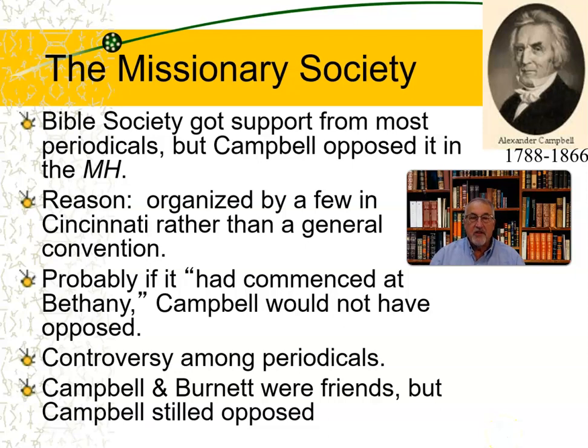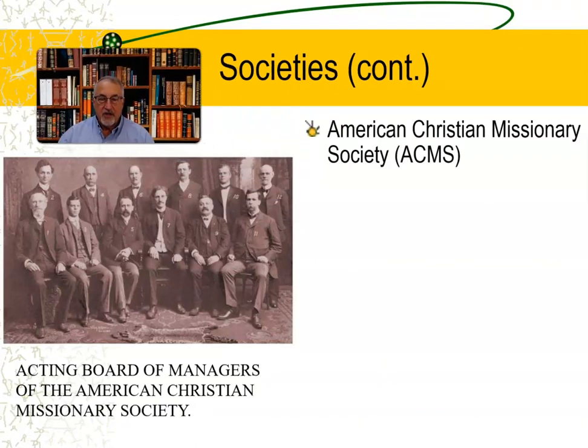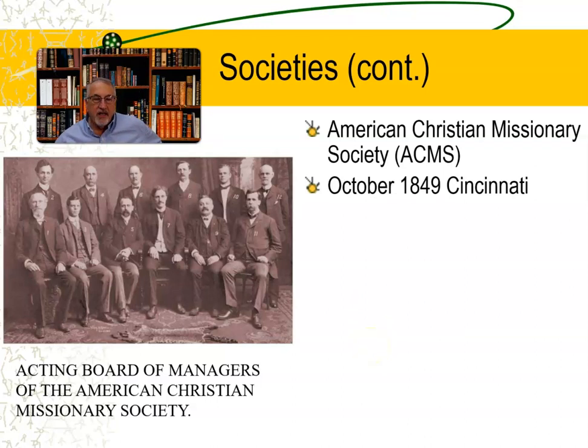Well, as we continue to look at different societies, we need to begin to look at the missionary society, what's called the American Christian Missionary Society. Here is a picture of the acting managers, board of managers of it early on. And we see it begins in 1849 in Cincinnati.